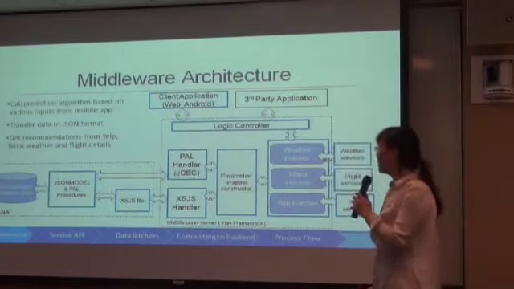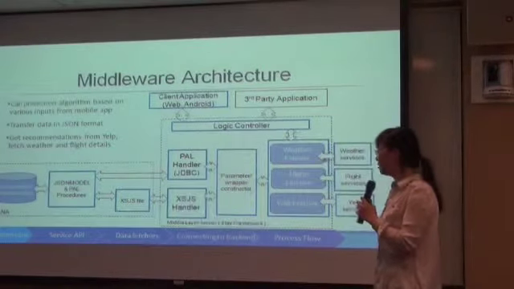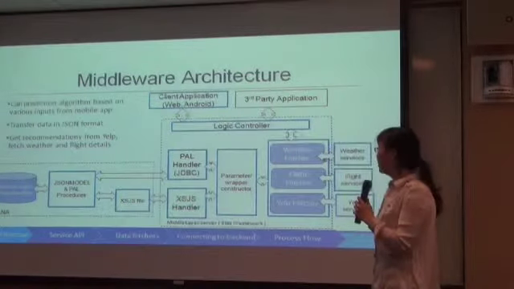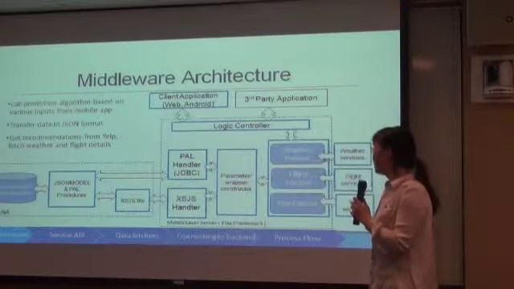The job of the middle layer is to connect to HANA, taking advantage of the existing JSON model and PAL procedures that we have trained, and send a response according to the Android request.